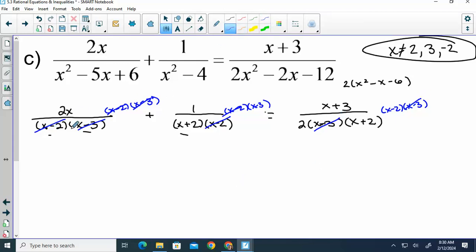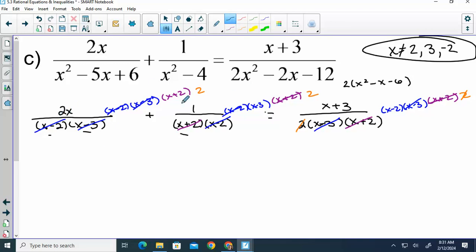So the first fraction's good. What do we need for the second fraction? X plus 2. Cancel those. Is there anything we still need? A 2 for that final fraction. Now all the denominators are gone.